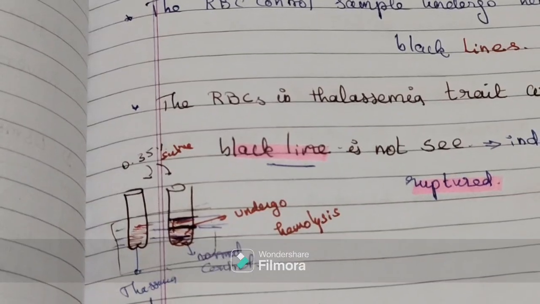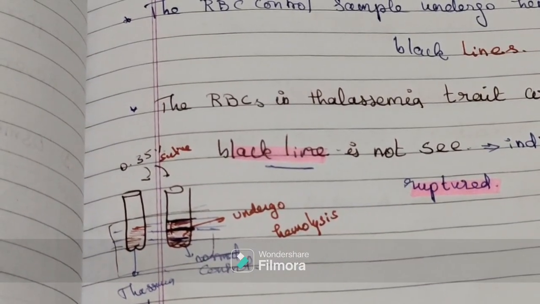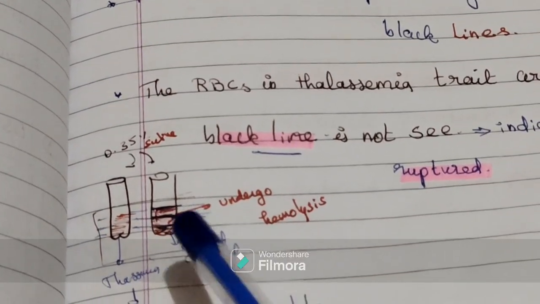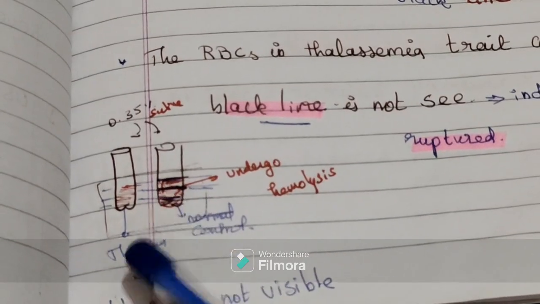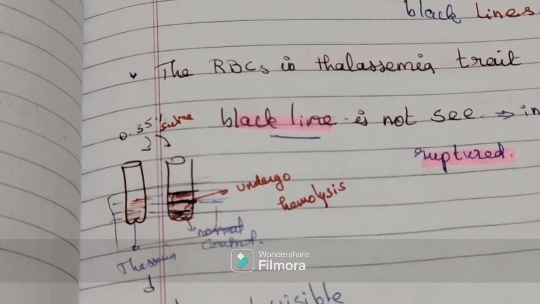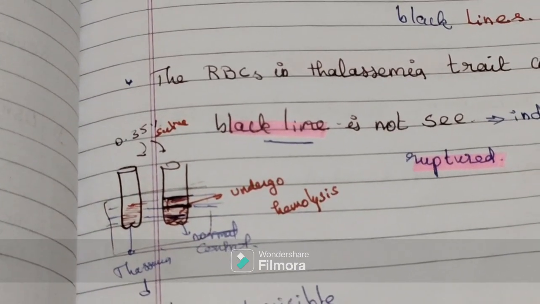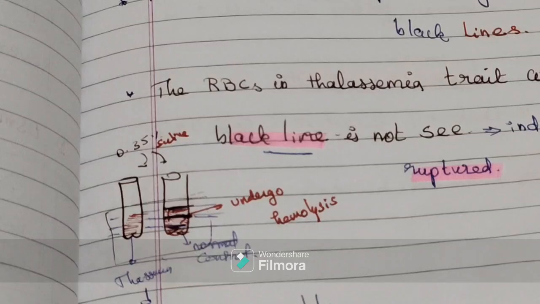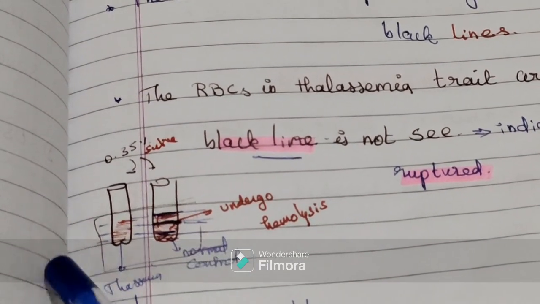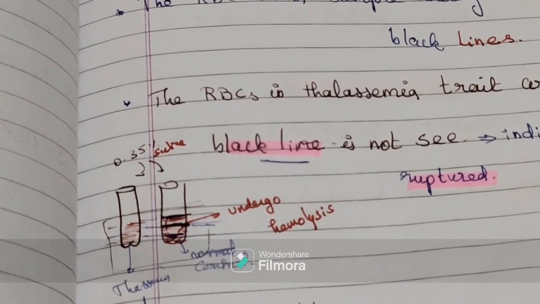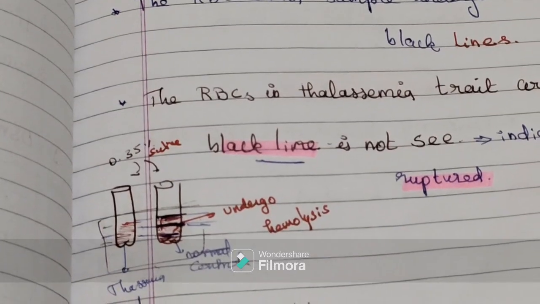Now behind the test tubes put a white paper with a black line. Can you see that behind? We can see the black line through the control, but here we cannot, because the RBCs are ruptured in the control.